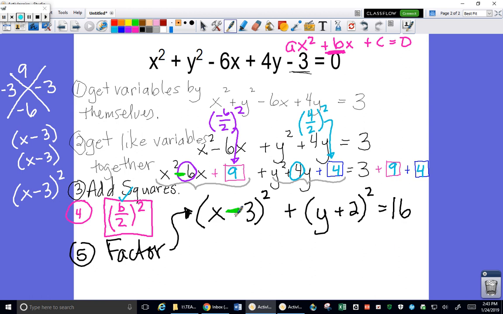So there is your standard form for a circle, where we can quickly say the center is +3 and -2 from the y value, with a radius of the square root of 16, which is 4. So these are your 5 steps when you want to take a general equation and write it in standard form for a circle.